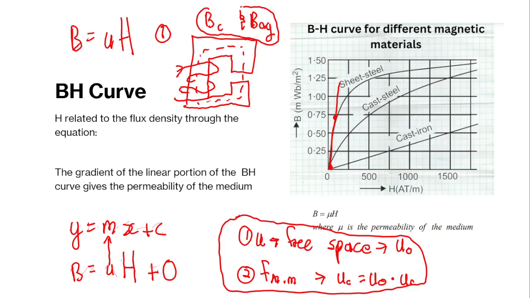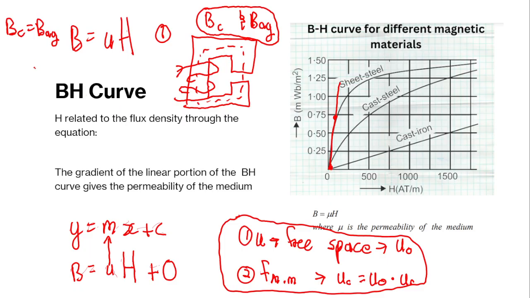For the material, once you calculate a value for flux density, it will be the same throughout the material, even through the air gap. So B core is always equal to B air gap. Only H will change. The intensity in the air will be higher than in the core material.